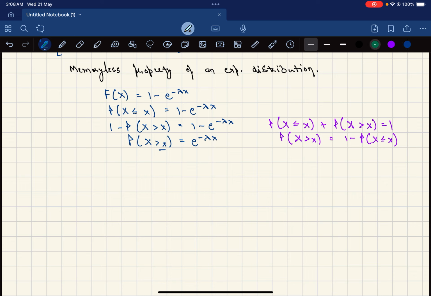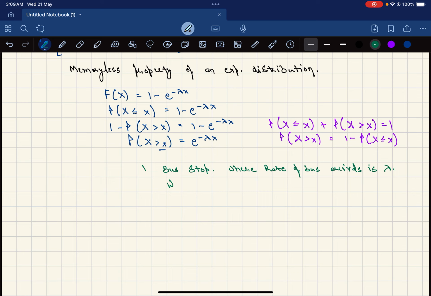Now let us say we come to a bus stop where the rate of bus arrivals is lambda.